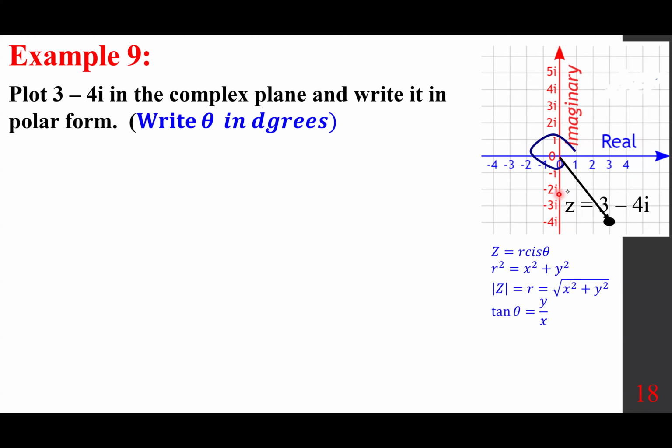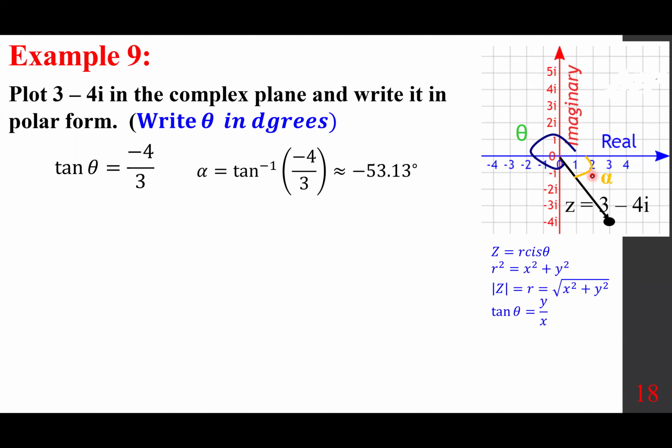This is the angle in a positive direction. Tan of theta is y over x. So -4/3. And therefore, tan inverse gives you alpha, everybody, because of the limitation.